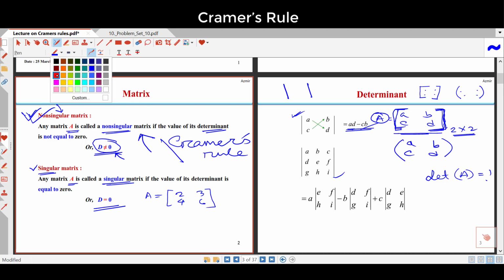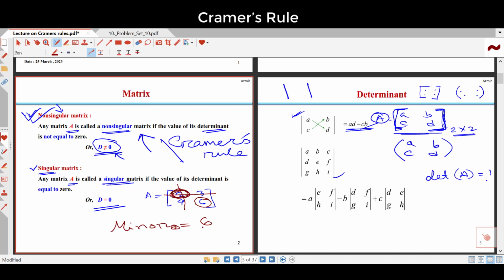If we need to find the minor of this entry, 2, it is known as the minor. The minor of any entry of a matrix can be found by cancelling the respective row and the respective column. Then what do you have? Only 6. That is the minor for entry 2, minor of 2. That is how we write. So the minor of 2 is 6.